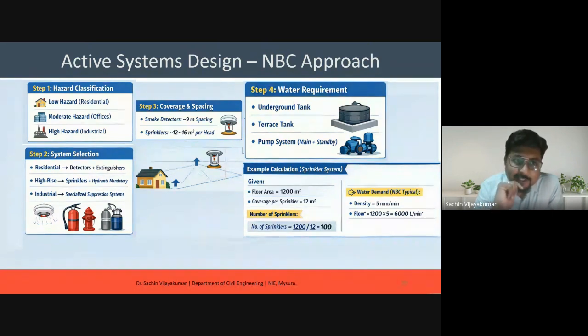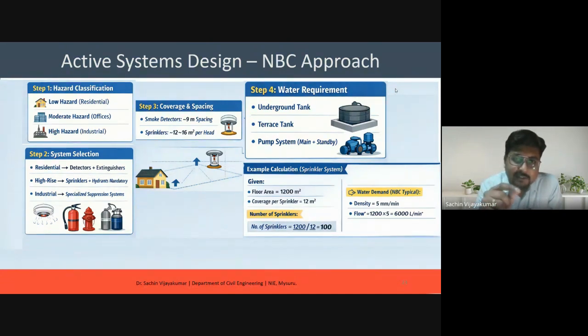After that, you need to identify, as per the NBC, what system is required for your building or type of occupancy. This is based on the height and size of the building and the occupancy, that is, the number of people there.